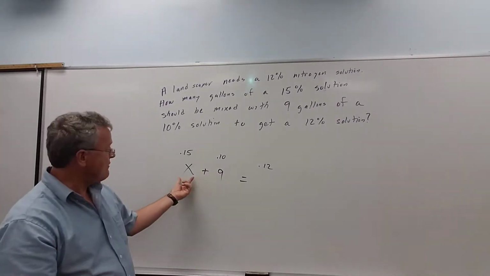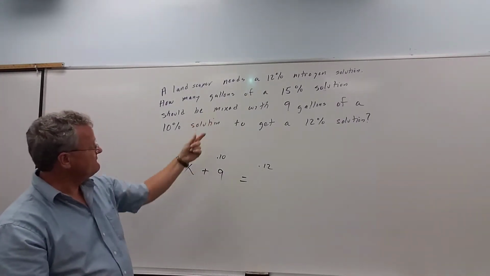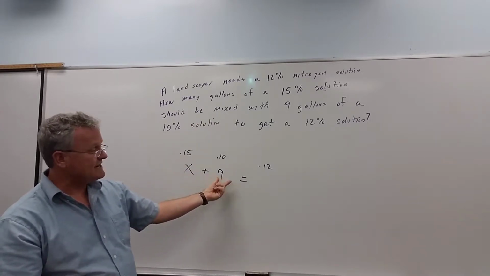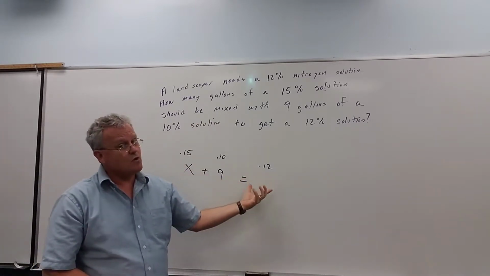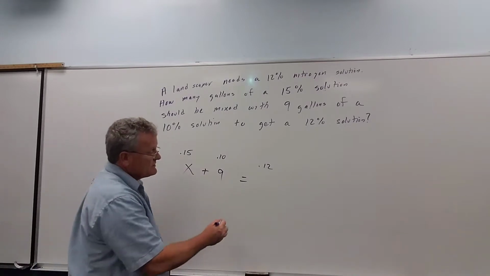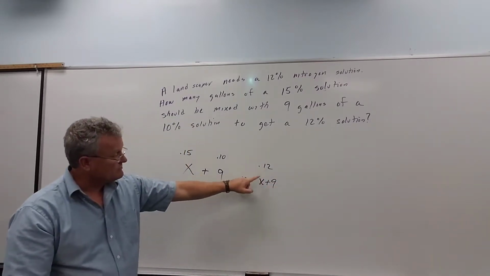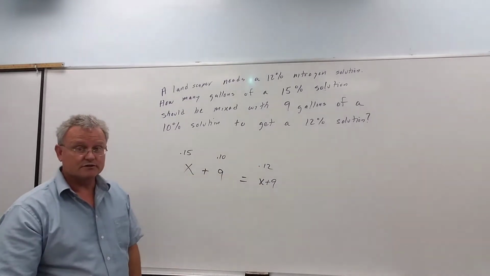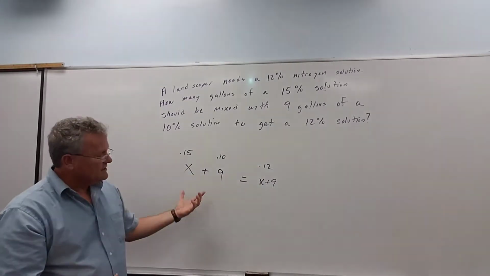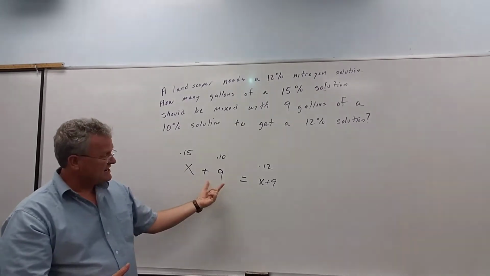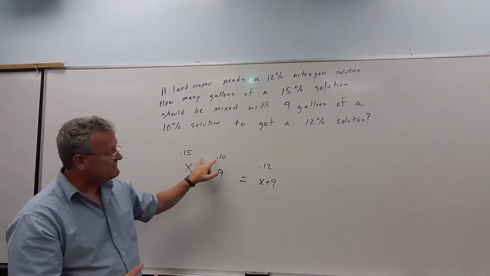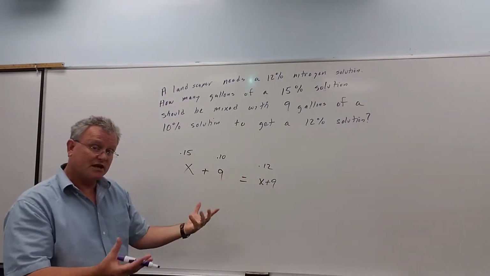Notice however many gallons of the 15% we add to 9 gallons, we're going to have the same quantity over here, X plus 9 gallons. The only difference is the percentage of nitrogen. So now, again, it makes sense here. X plus 9 equals X plus 9. The only difference is the percentages involved.